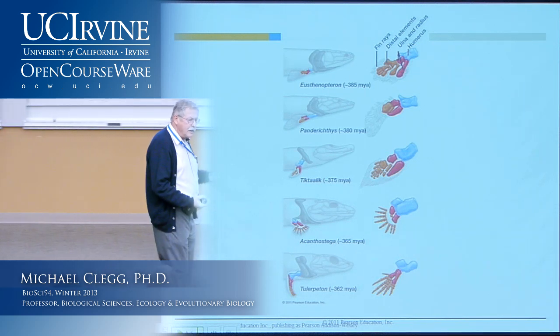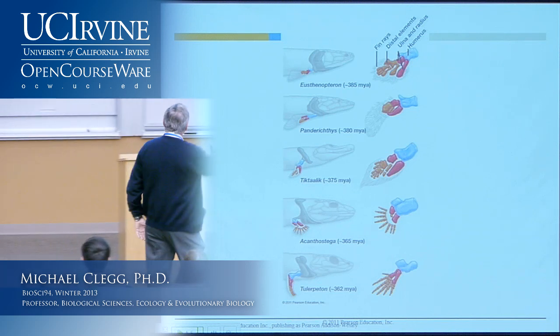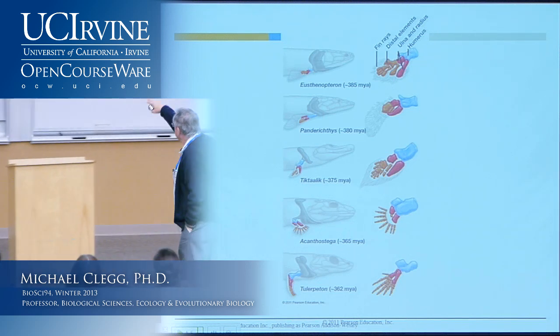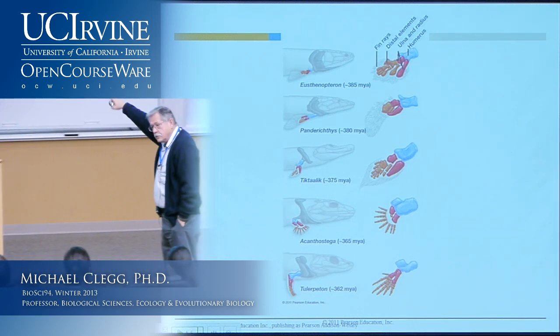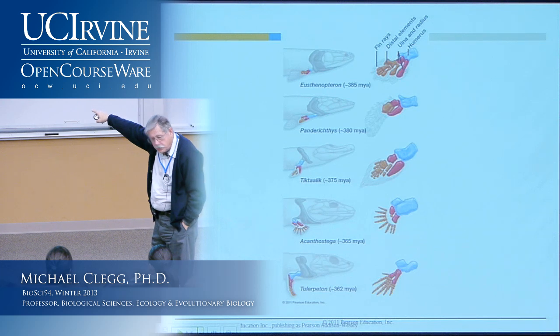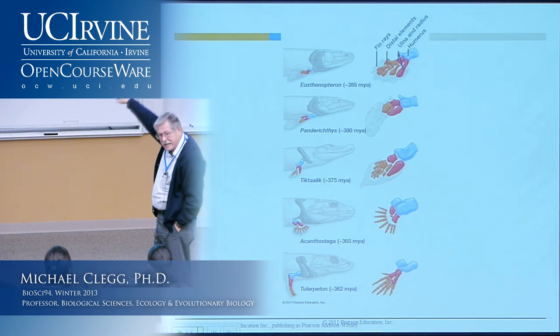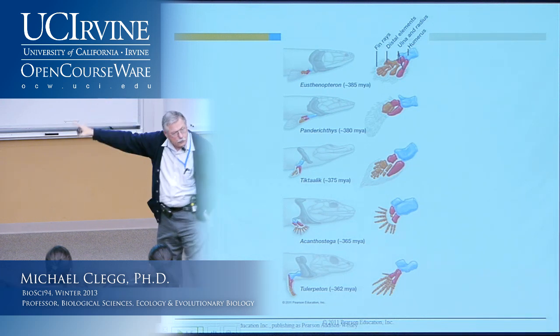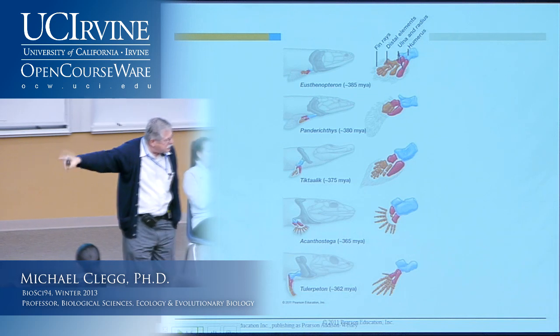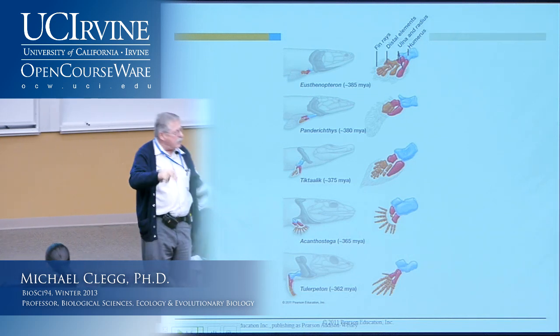Now it's interesting, if you follow this now through time, over a period of less than 25 million years, to the origin of tetrapods, the first four-legged organisms that actually were beginning to walk on the land.